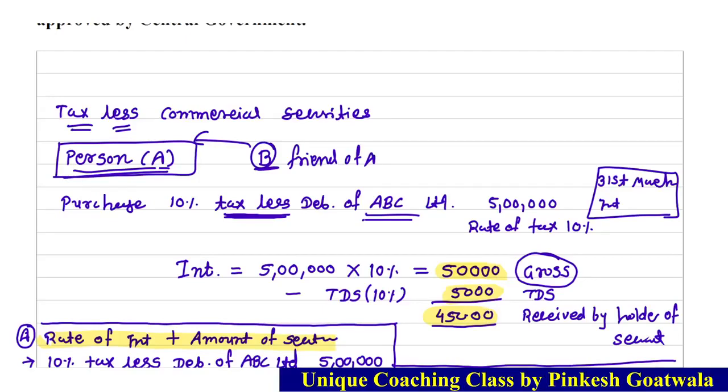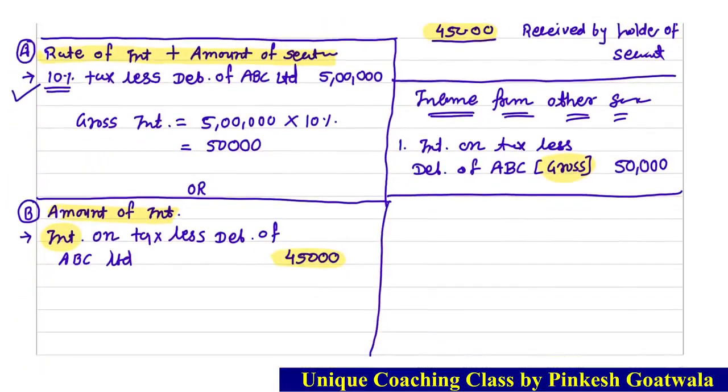I got 45,000, I received 45,000 interest. So when the amount of interest is given, it means it is the received amount of interest. So here the problem is that it is the net amount.